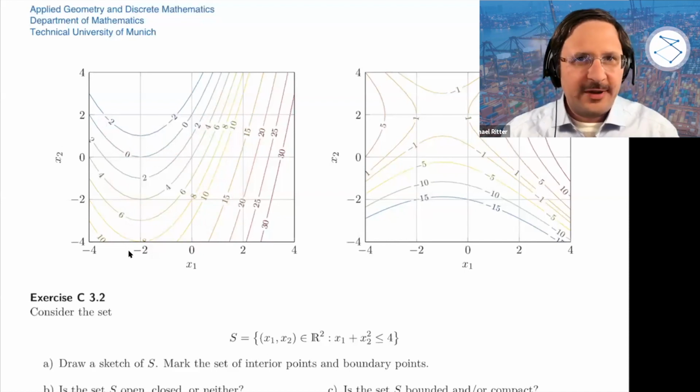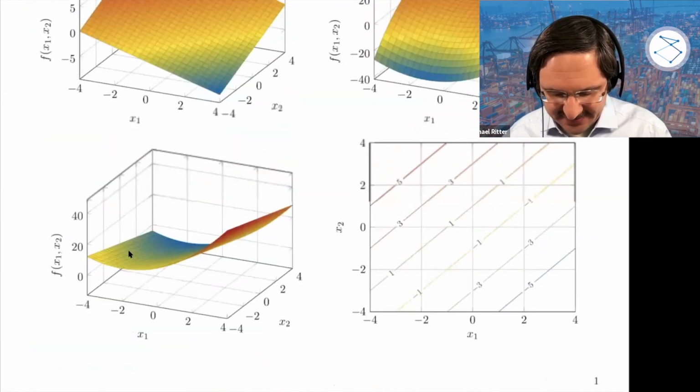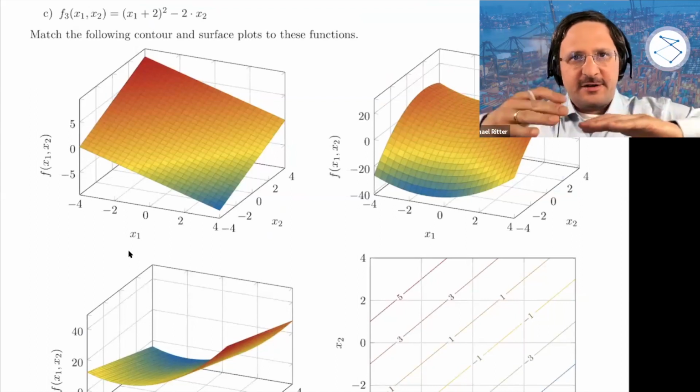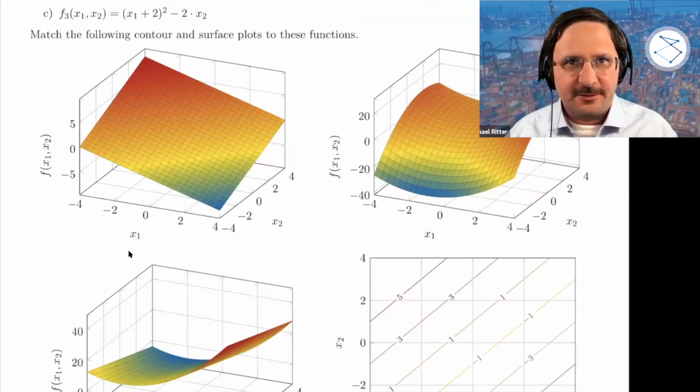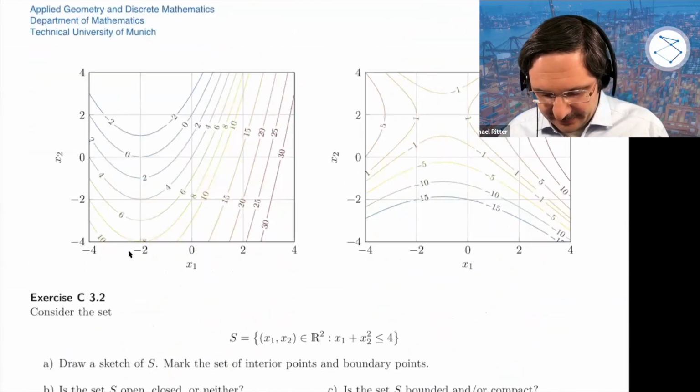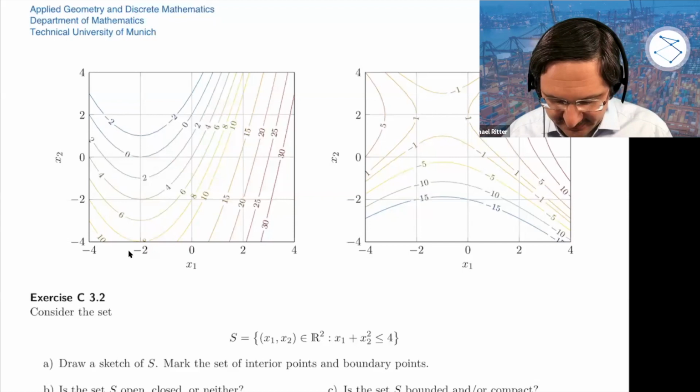But again, that's not what we expected because of that saddle-like look here, right? So we would expect something like this and this. So curvature is different if we look at the same surface from a different direction. The only thing that looks close to this is this third plot here.